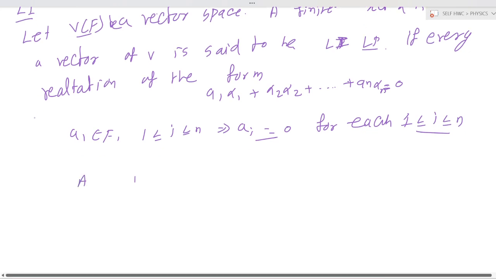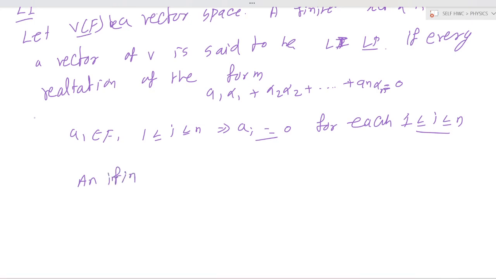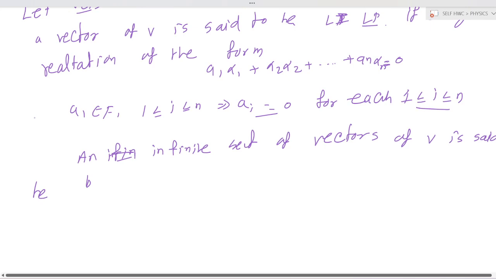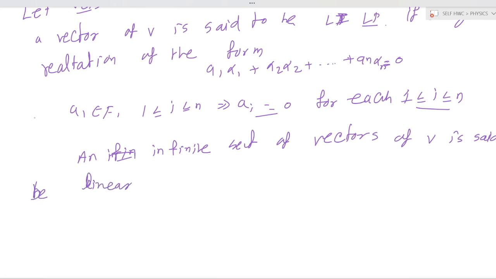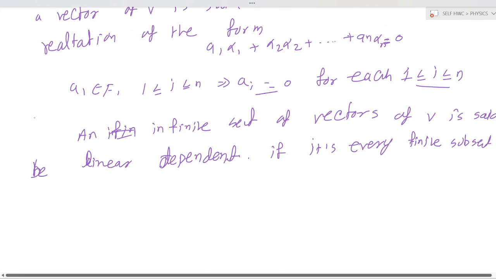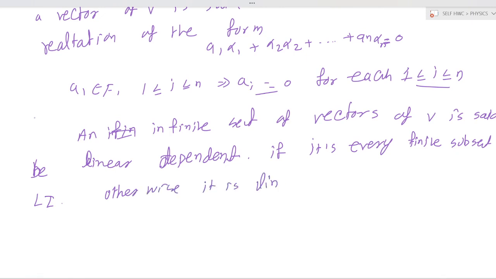And next, an infinite set of vectors of V is said to be linearly dependent if every finite subset is linearly independent, and otherwise it is linearly dependent.